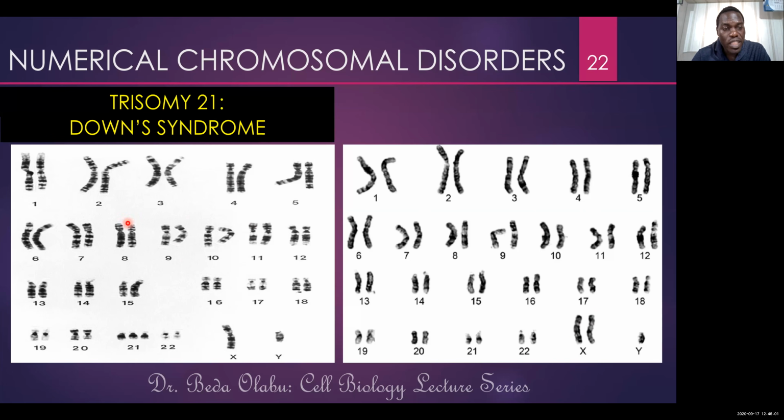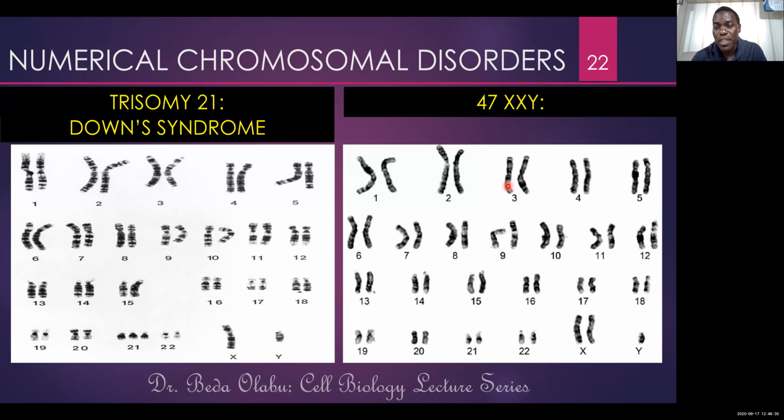So now we've agreed that if you have trisomy, you have a total of 47. It therefore means that we can use the number 47 to mean trisomy, and we can use the number 45 to mean monosomy. Monosomy will then mean that there's only 1 chromosome in a particular pair. So, having said that, this one is written as 47XXY.